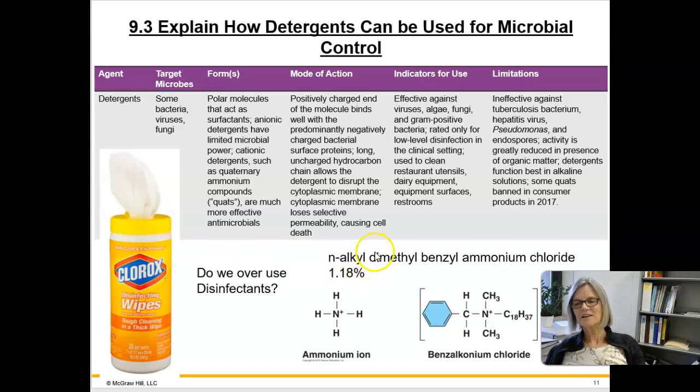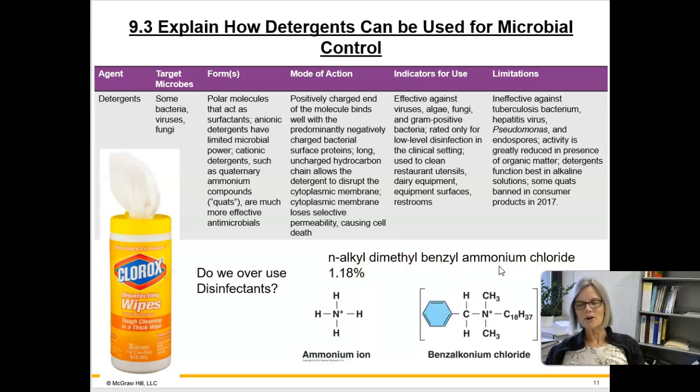How do I know, when I look at the active ingredient, that it's a quat? Quat stands for quaternary ammonium compound. So an ammonium has this nitrogen with 4 groups on it. That makes it a quaternary ammonium. And so if you look at the active ingredient on your label, it's this big long name, and one example is N-alkyl dimethyl benzyl ammonium.